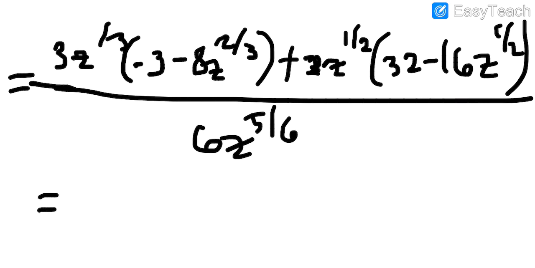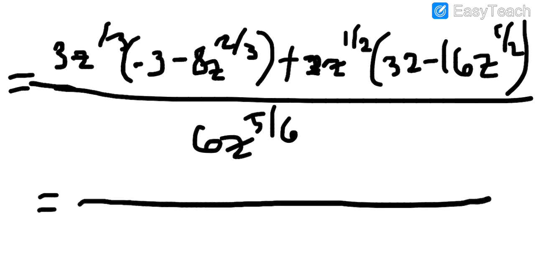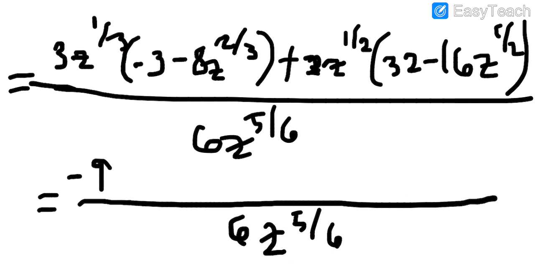Okay, now let us distribute with the same denominator, that is 6z raised to 5 over 6. Now 3z raised to 1/3 times negative 3, we have negative 9z raised to 1/3.